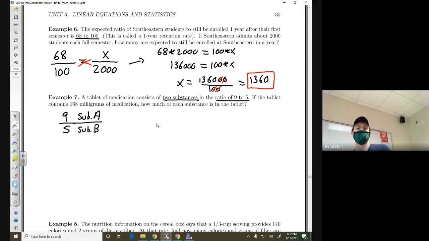So there might be 160 milligrams of one substance and then 8 milligrams of the other. And when you add those 2 numbers together, that's 168. Or it could be a whole assortment of different mixed values that add to be 168. But how do we generalize this? That's the question here.